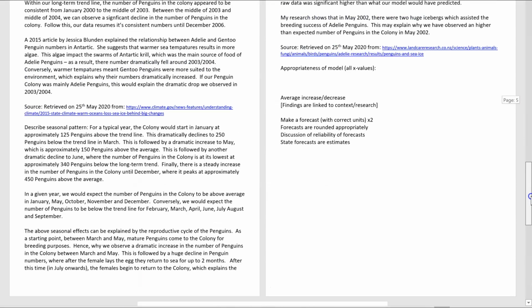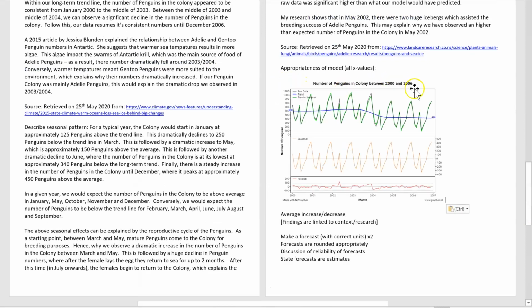This is the decomposition graph; it includes the residuals. So below I include the decomposition graph. And what we're going to do is analyze point by point just to see where the prediction is good, where the prediction is bad.